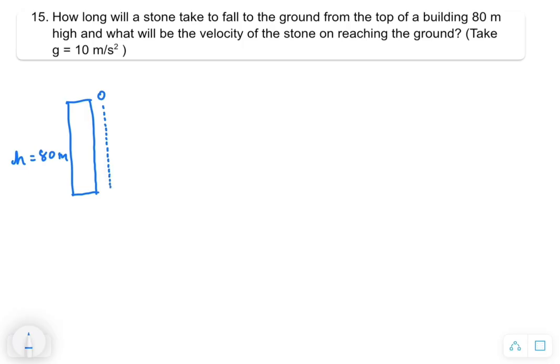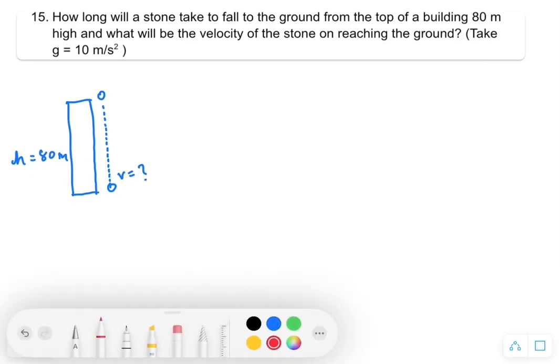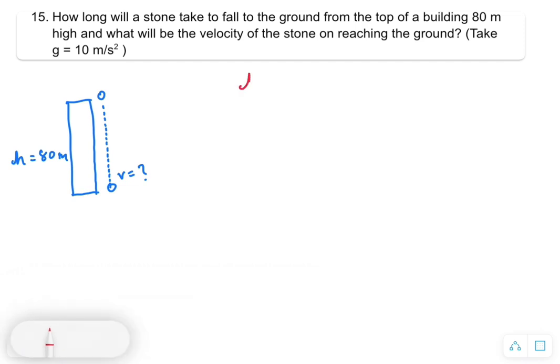Just before it reaches the ground, it would have acquired a lot of velocity. We need to find that velocity. Height of the building is 80 meters. Acceleration due to gravity g is 10 meters per second square.